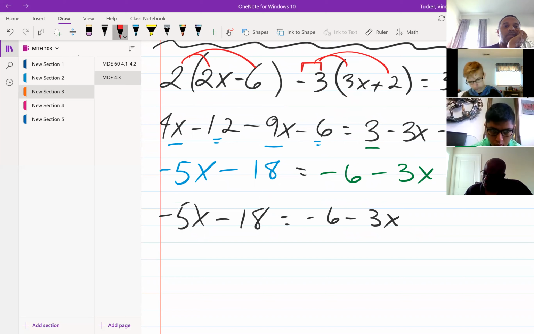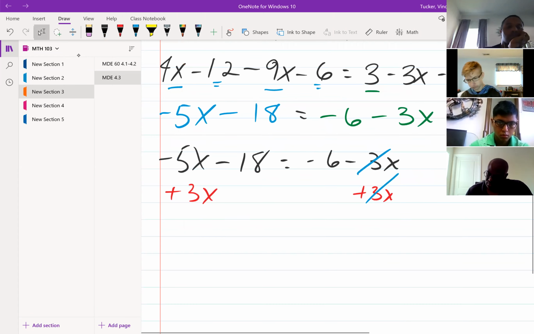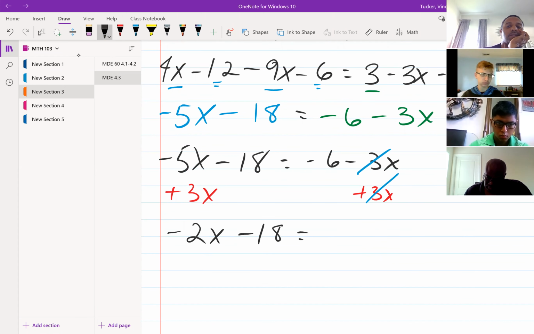All right, so we have x terms. We get them all on one side of the equation, terms without x on the other side. So I decided to add 3x. -2x minus 18 equal to -6.